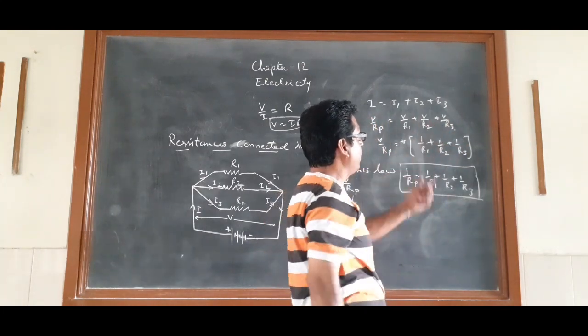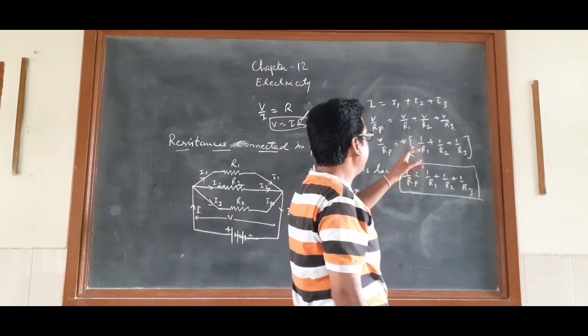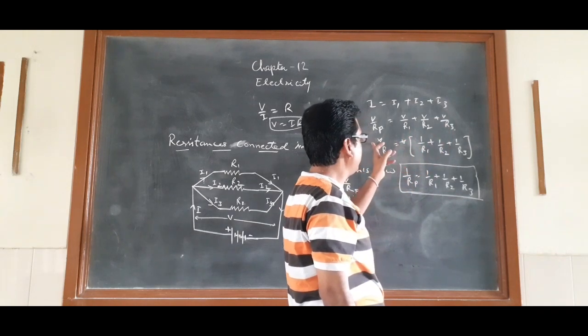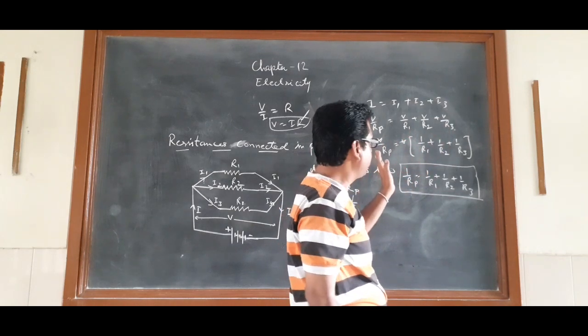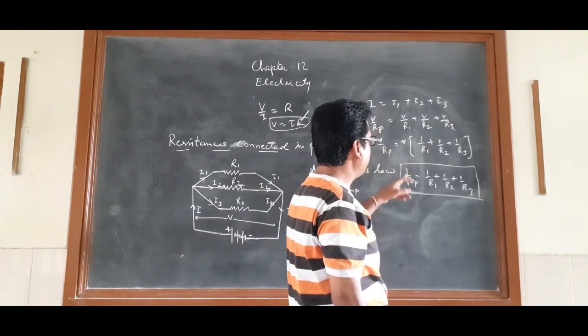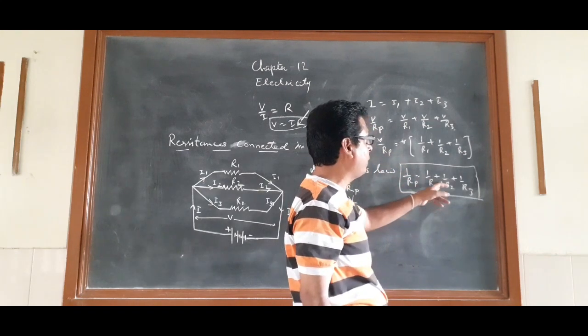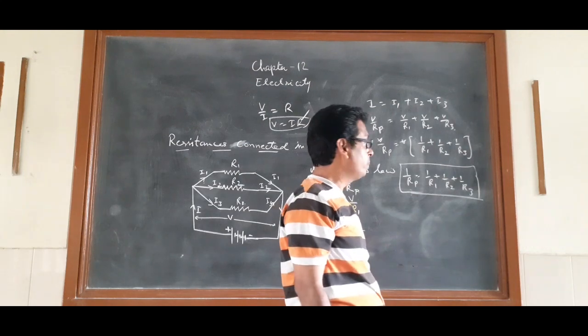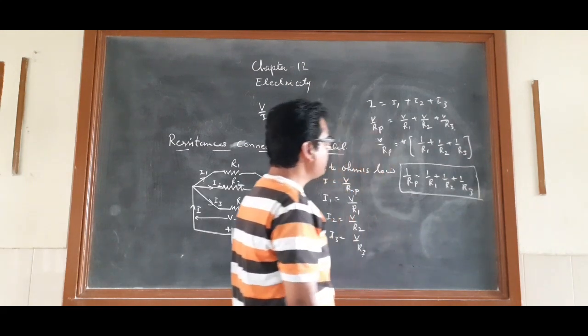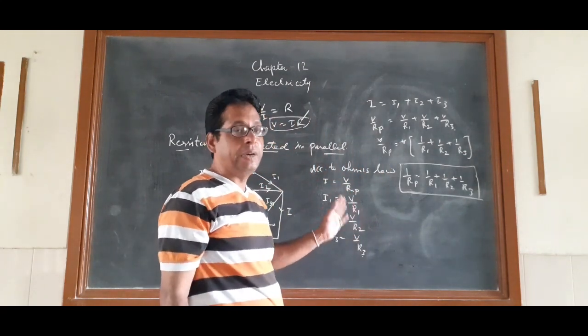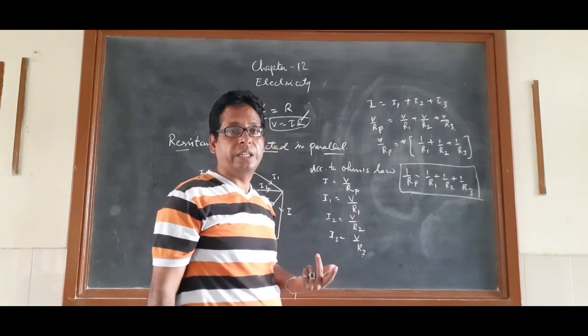Take V common from these three quantities and cancel it with the left hand side, and we are left with 1 over Rp equal to 1 over R1 plus 1 over R2 plus 1 over R3. This is the equivalent resistance when these resistances are connected in parallel.